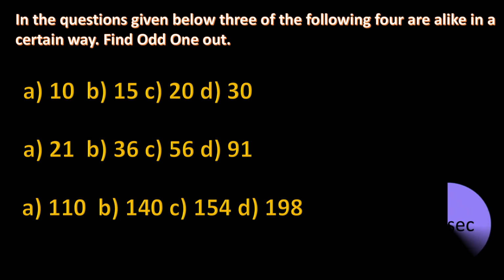One number is using a different logic. So that becomes odd one out. So that you need to find out. In the questions given below, three of the following four are alike in a certain way. Find odd one out. This type of questions you can also see in number analogy.